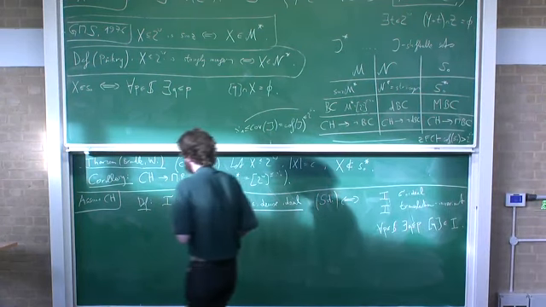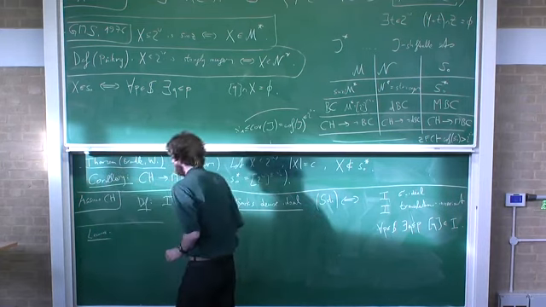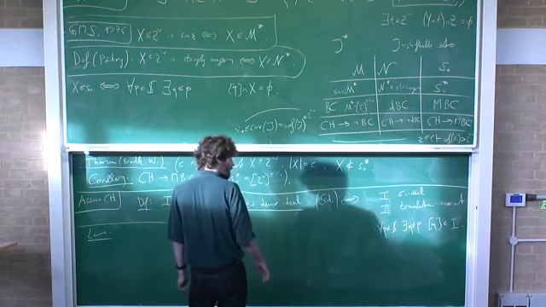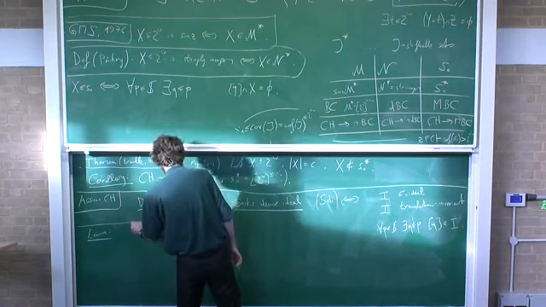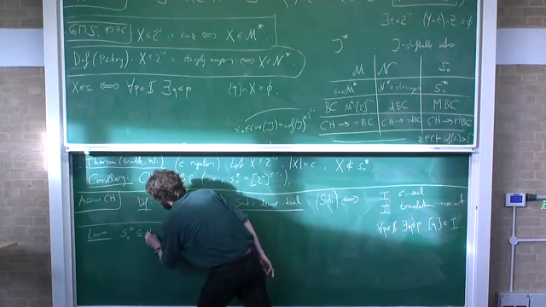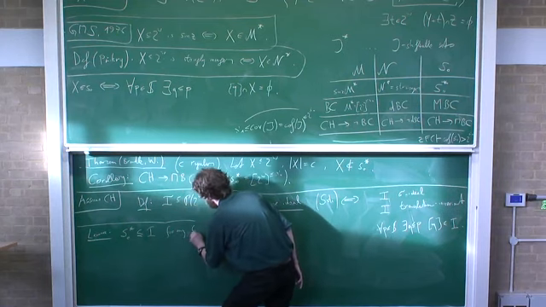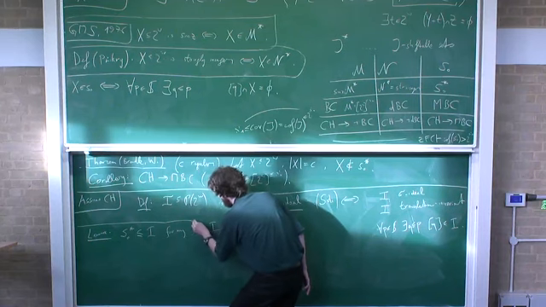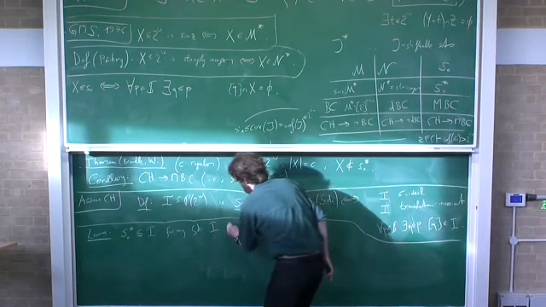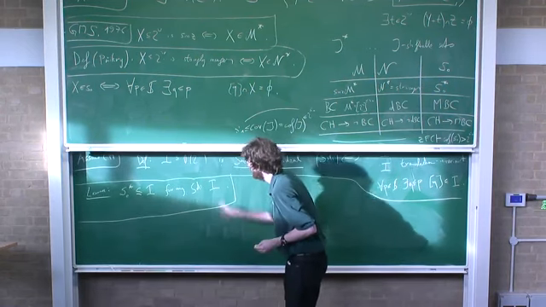Why I introduced it? Because of the following lemma, this connection to S0 star. Under CH we have that S0 star is a subset of I for any Sacks dense ideal I. Okay, so this is the main lemma.